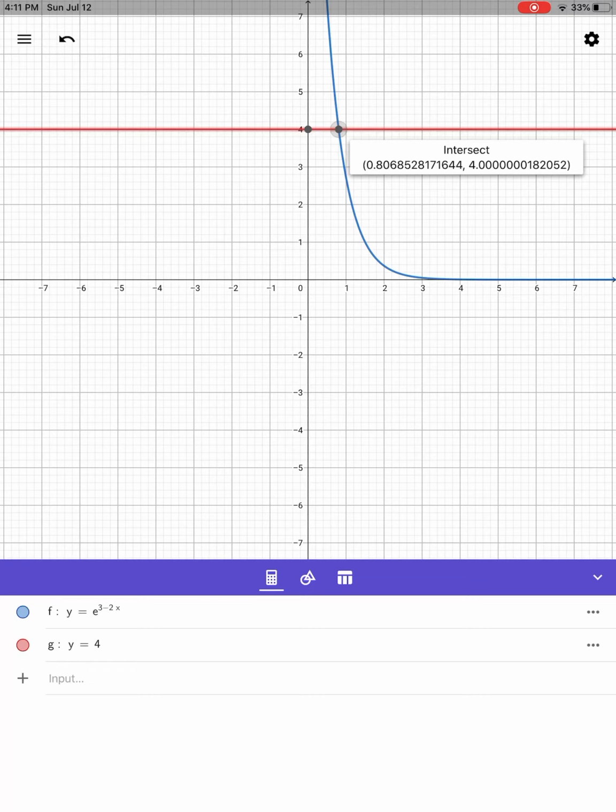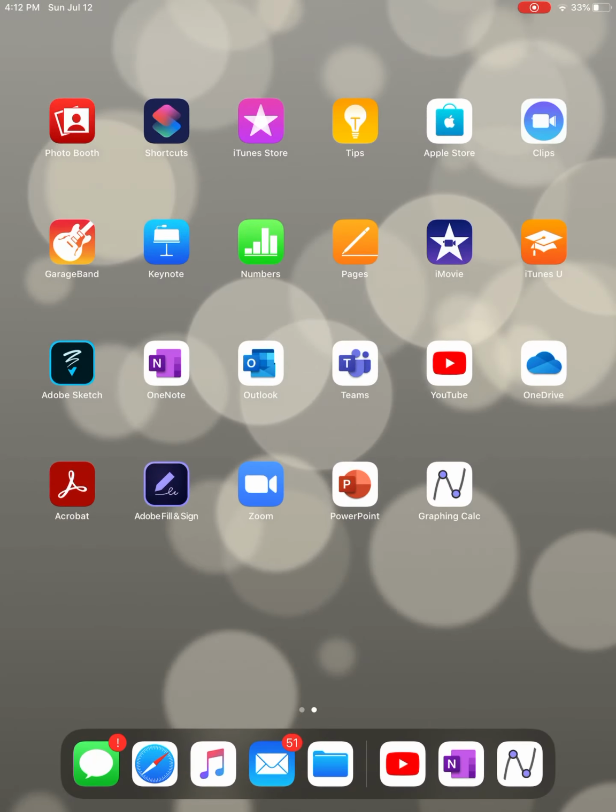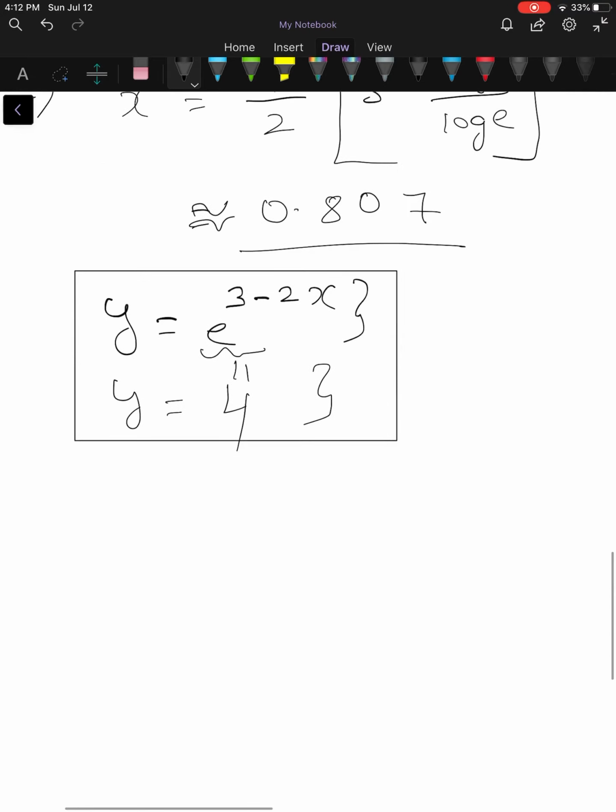Let me do another problem, an exercise problem for you. Exercise number 2022. Solve equations graphically.